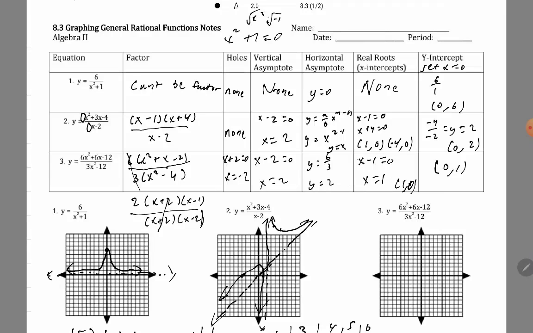Okay. So we have a vertical asymptote at x equals 2. And then we have a horizontal asymptote at y equals 2.